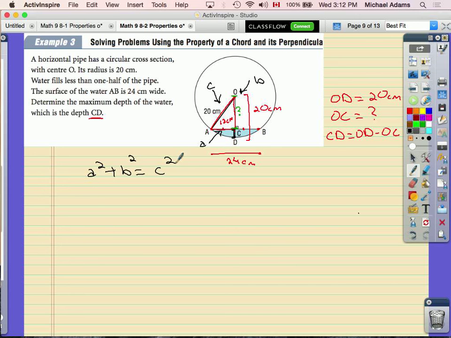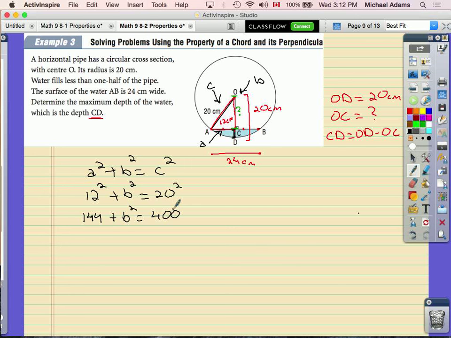A I know is 12, so we'll square that. B I don't know what it is, so I'll leave it as B. C is 20, and we're going to square that. Let's just do the math that we know how to do. 12 squared is 144, plus B squared, equals 20 squared, which is 400.